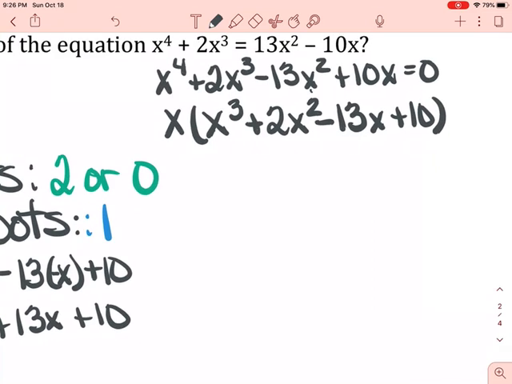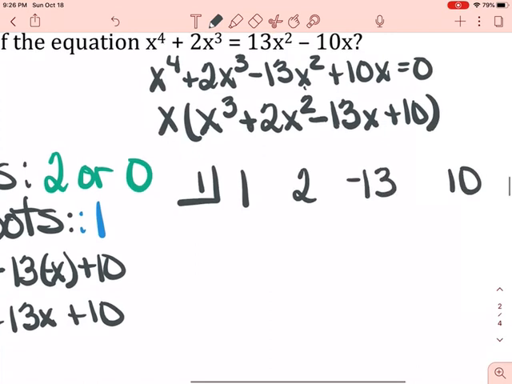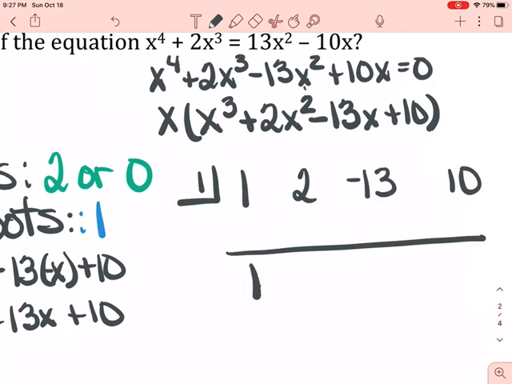All right, now since I already know 0 is a root, put 1 on the shelf. Now, since I'm using the x cubed one, the result is going to be an x squared.